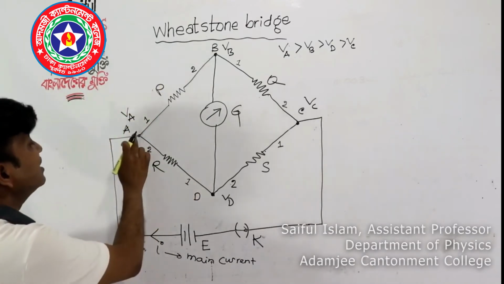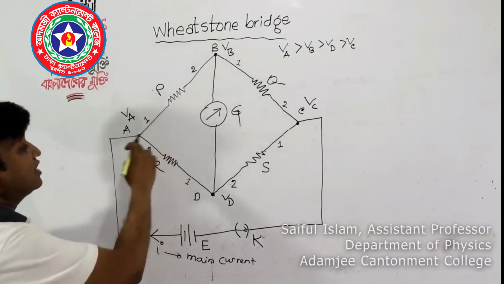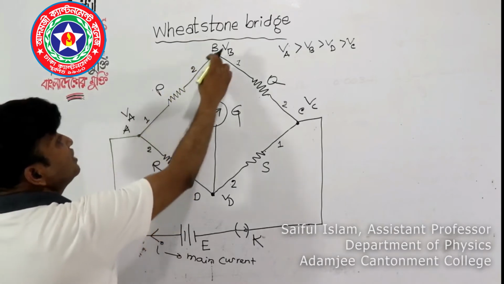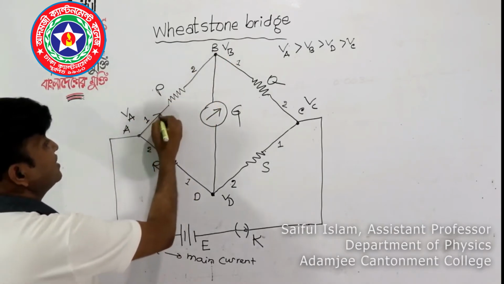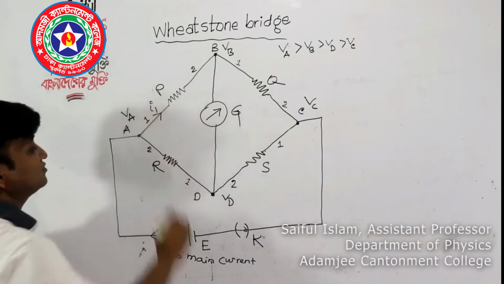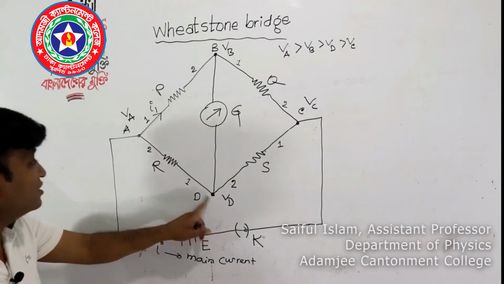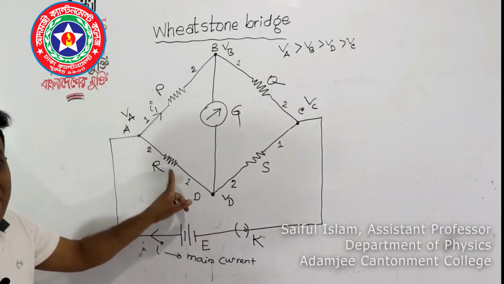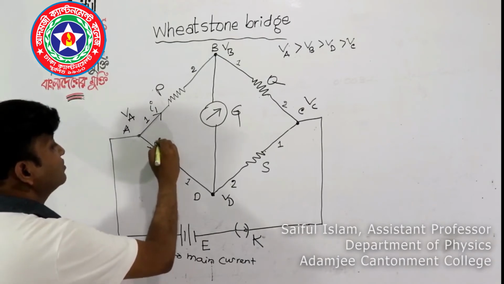As the potential VA is greater than VB, the current will flow from A to B through the resistance P. Suppose this current is I1. Another current will flow from A to D through the resistance R. Suppose this current is I2.